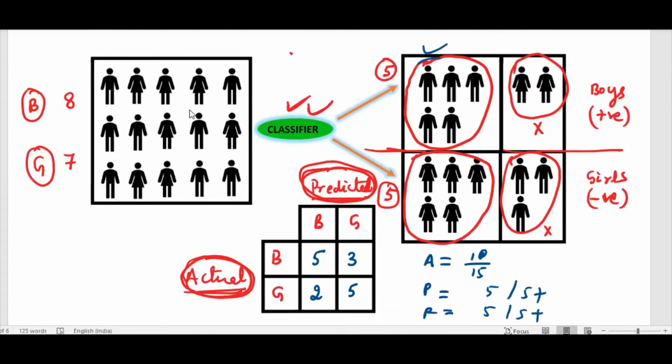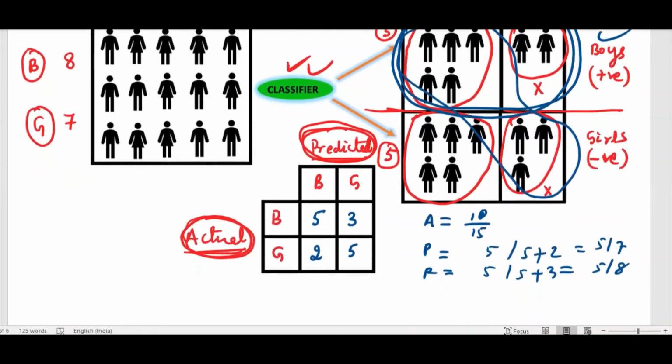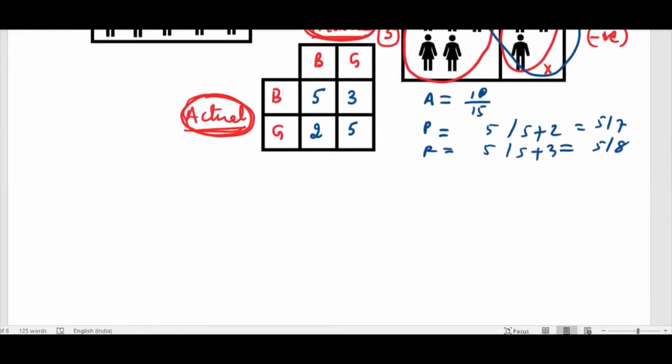Remember, whatever you predicted, out of that, what is the percentage you are correct? Whatever you predicted as boys, according to the classifier, these are boys. So out of that, what percentage is correct? 5 by 7. But the actual number of boys, these were actual boys. Then you take the mean, you will get the final one, F1 score.